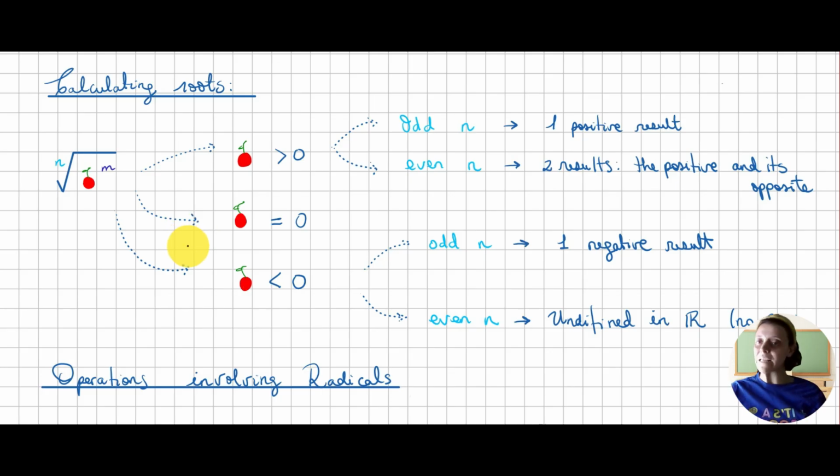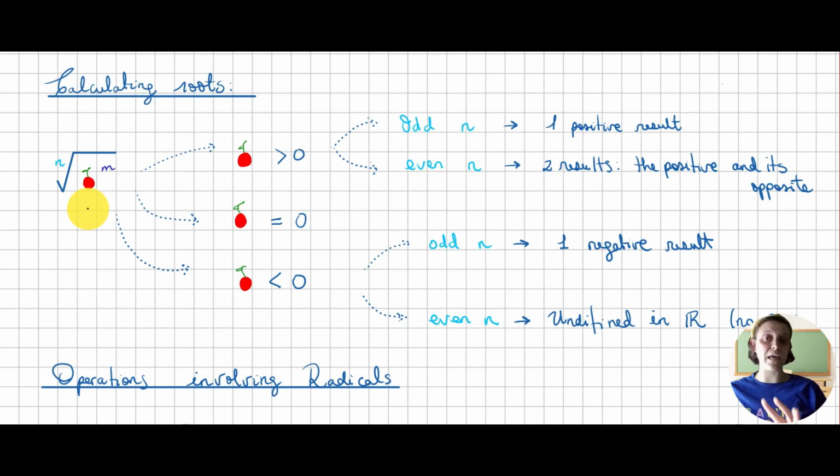We have a radical, the nth root of apple to the power of m. So understanding that this is our radical, we have three cases, which is one of the first things I said at the beginning of the video. We have the first case when apple is greater than 0. That means positive. When apple equals 0, and then when apple is smaller than 0.